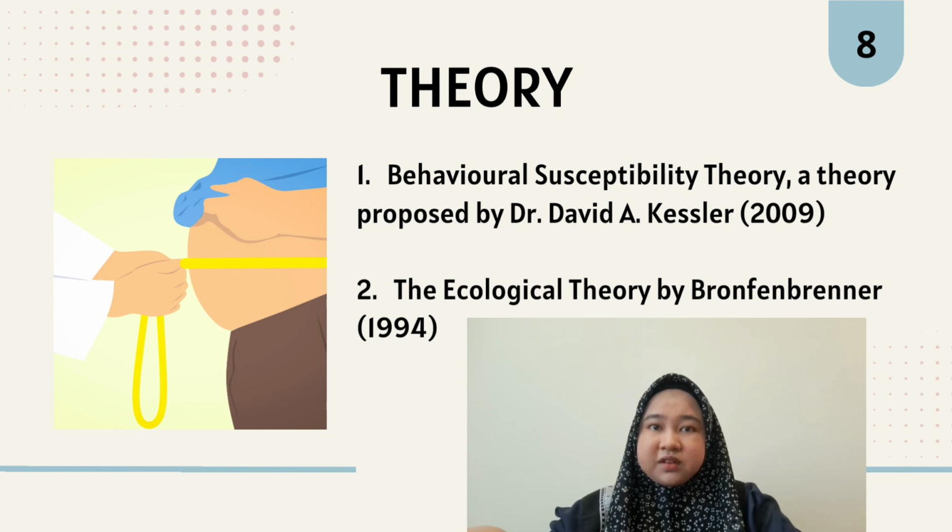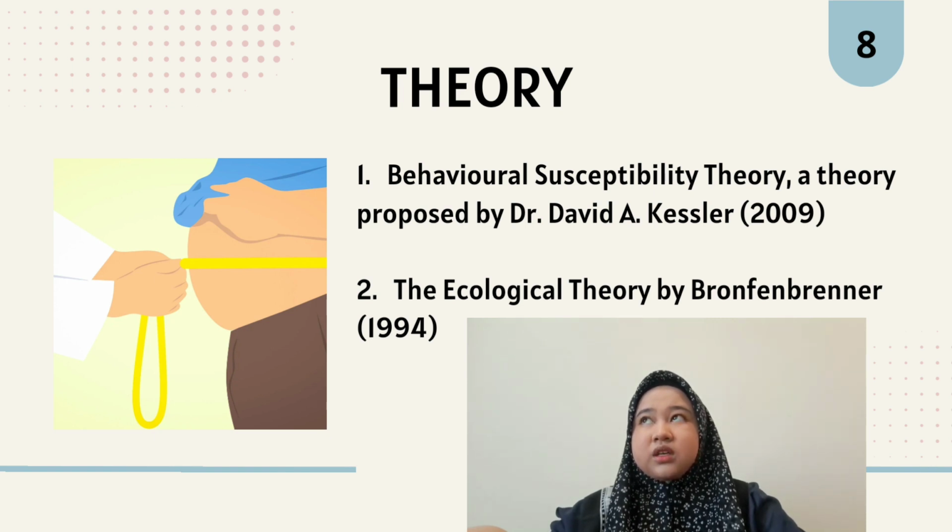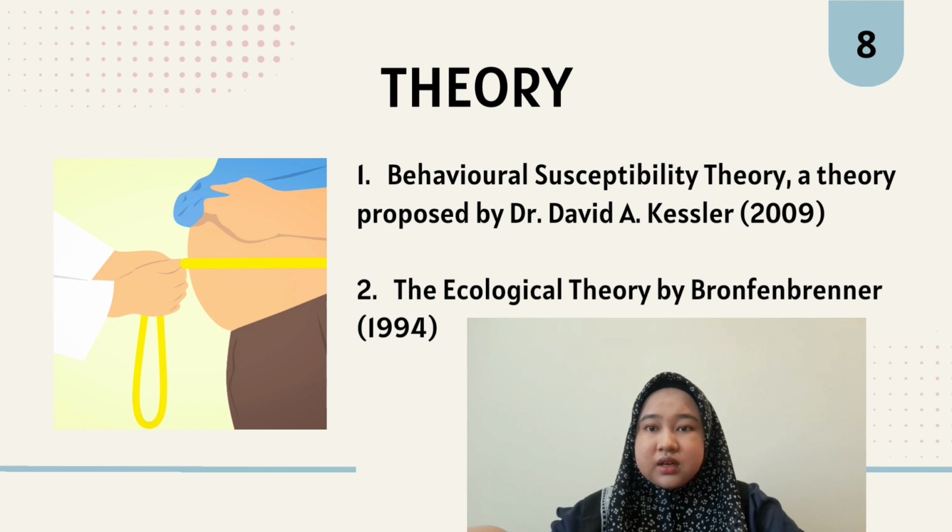According to Bronfenbrenner, research, development, and change in an individual cannot be successfully explained without taking into account the ecological environment in which the person lives. Childhood obesity occurs as a result of the interplay of child features and child risk factors.